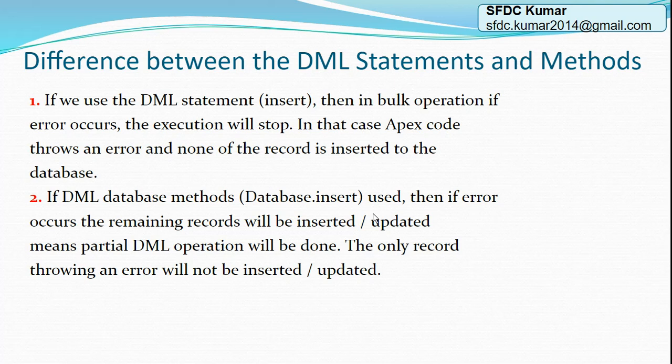Then the total execution will be stopped, meaning all 10 records will not be saved. Only if all 10 records successfully validate are they committed to the database. If any one record fails, the transaction for all 10 records is automatically stopped.